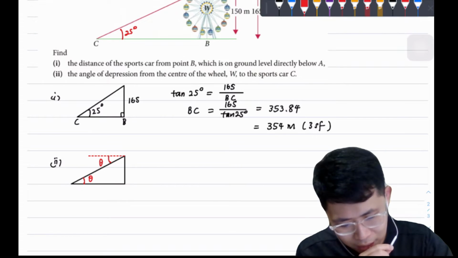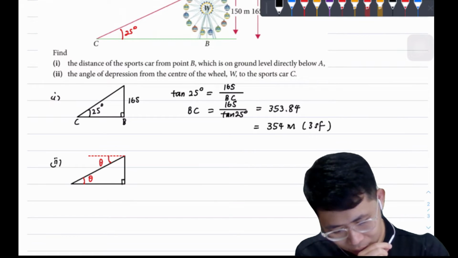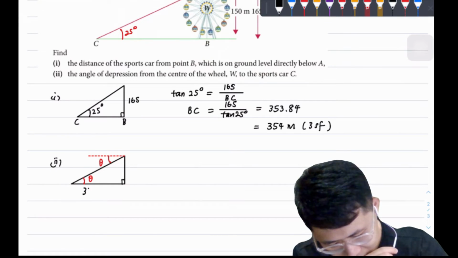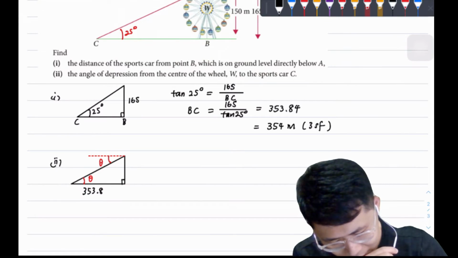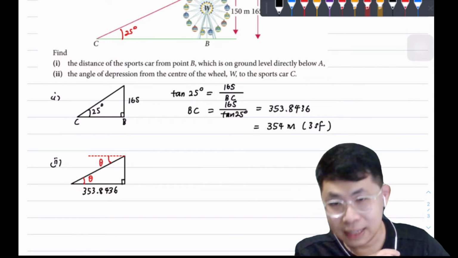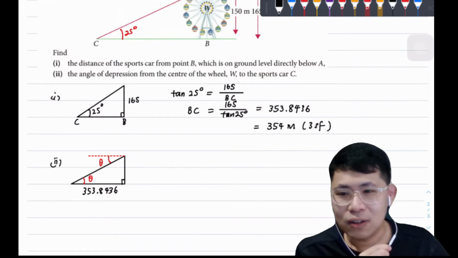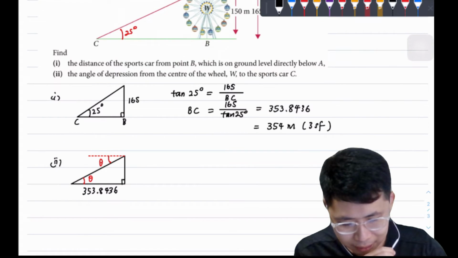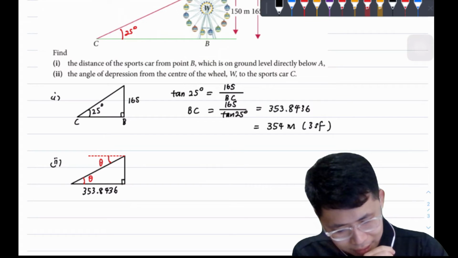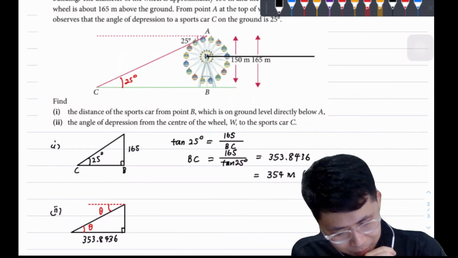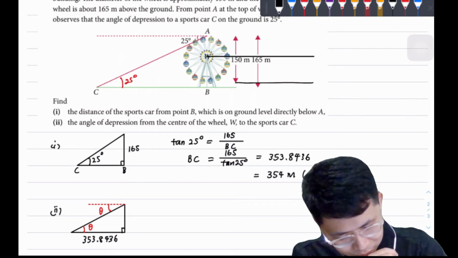Now I have BC, which is 353.8436. Just in case, 8436. And I will need the height to the center of the wheel. Going back to this, from the middle point to the bottom point, we have a few points.